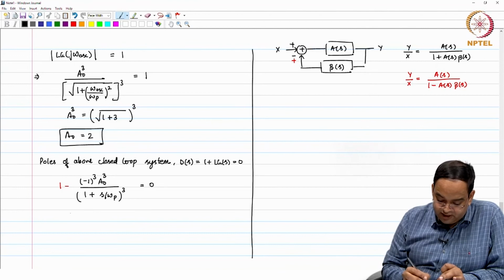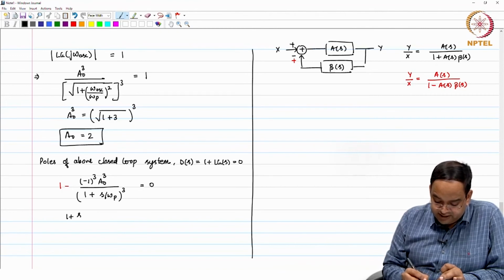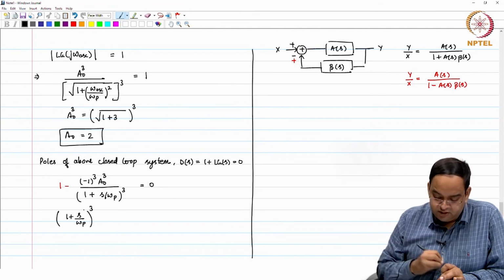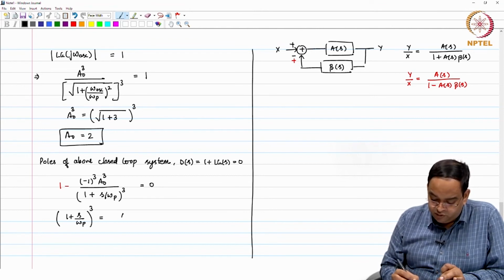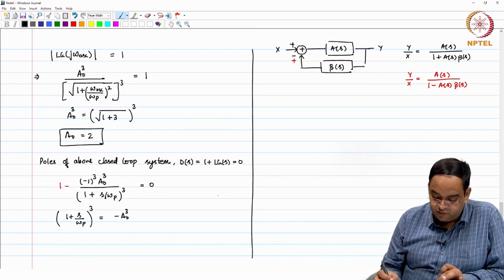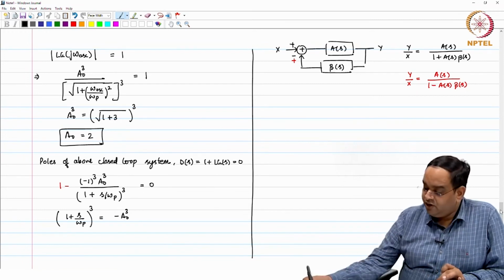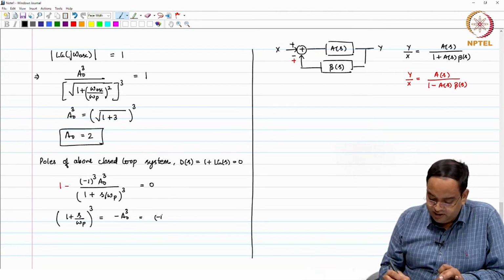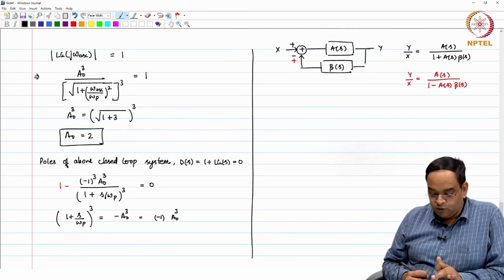So, what we will get here is that 1 plus s by omega p whole cube is equal to, taking on both the sides, minus 1 cube is minus 1, so you have minus A naught cube. Okay. When you have this as minus A naught cube, you can write this as minus 1 and A naught cube. You need to find the closed loop poles.